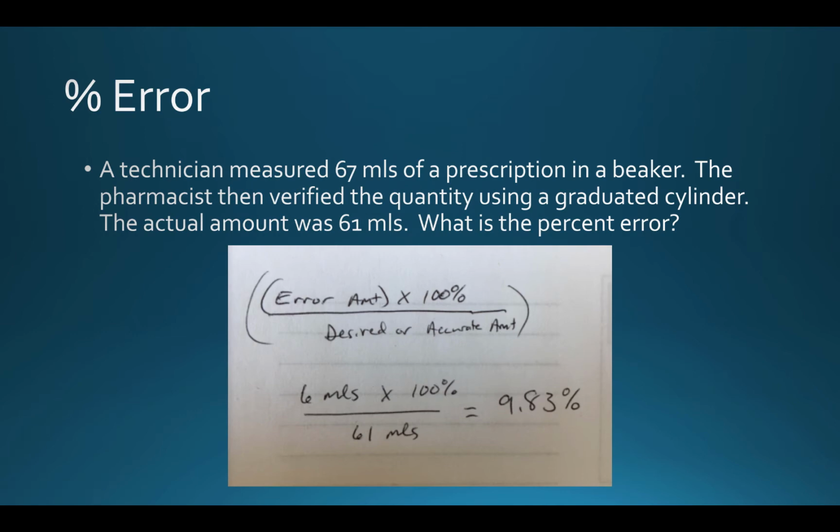So keep in mind that if you've got perfect accuracy, there's going to be 0% air if they both measured 61 mils. Now, if one measured 120 mils, you can imagine that the percentage air is going to be really, really high. So think about a lot of these questions logically and what makes sense for these equations, if at all possible.